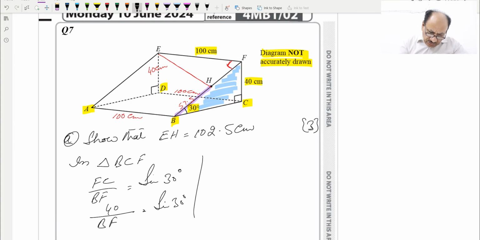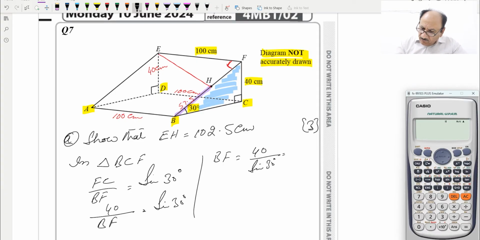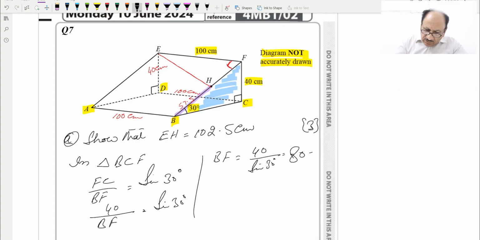This implies we can write BF is equal to 40 over sine of 30 degrees, and this is giving us 80, so 80 centimeters we got BF.